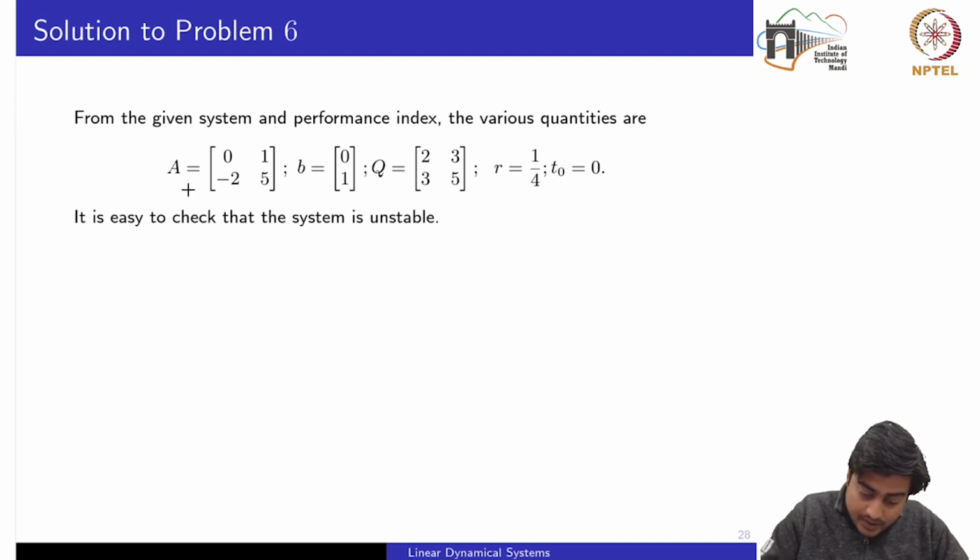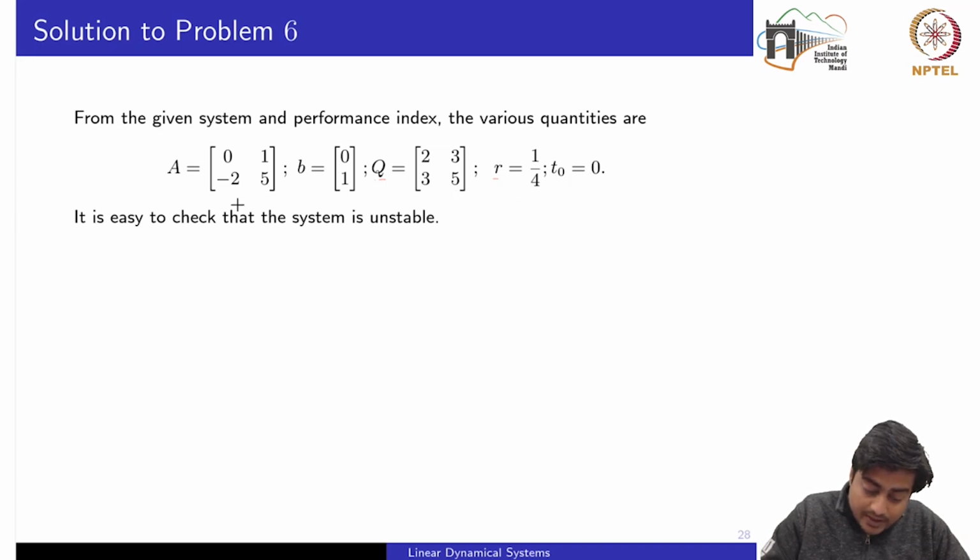Okay, so let's see, if we write our problem into the standard form as we had seen in the lecture slides. So that matrix A, vector B, this Q would be a state weighing matrix, and R, since we are having a single input system, so this is a scalar, and t naught is equal to 0.